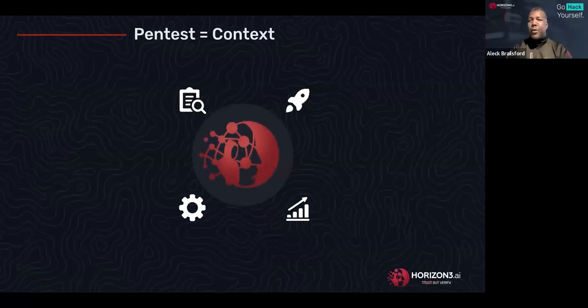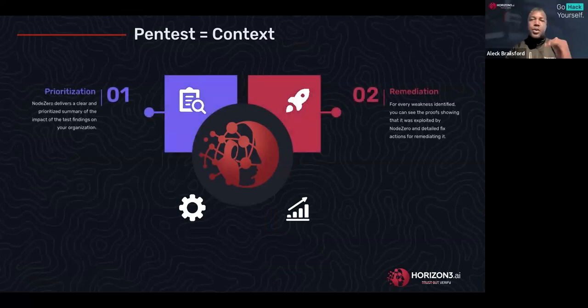And let's talk a little bit about pen testing, right? So why pen testing, and why do organizations do penetration testing at all? Penetration testing gives you context, right? It helps you to quickly validate. So number one, it allows you to prioritize what is a true vulnerability or a weakness within your environment, right? When you're doing a penetration test, you're literally attacking your environment.